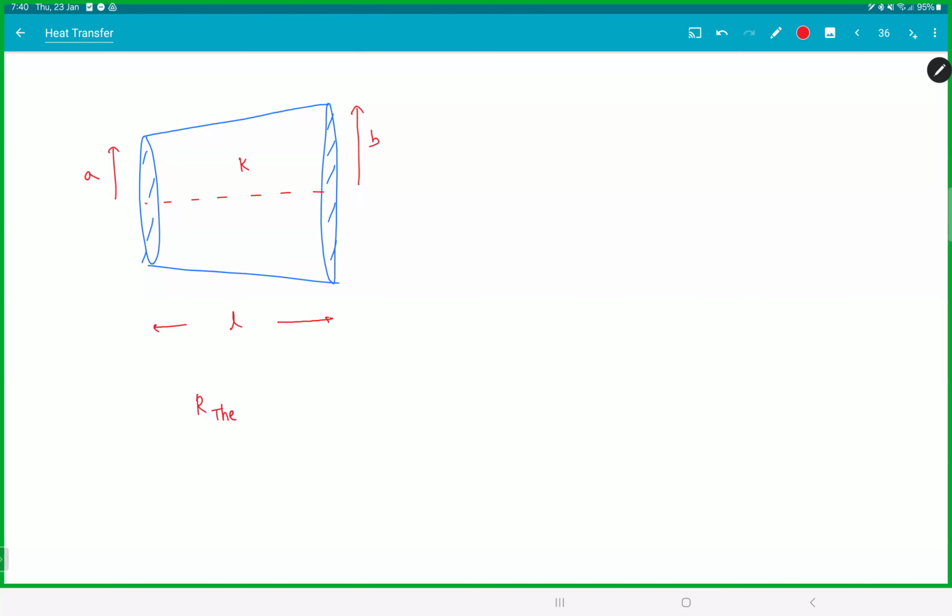So R thermal is L by K pi AB. Definitely mug up the result. This is valid if L is much greater than B minus A.